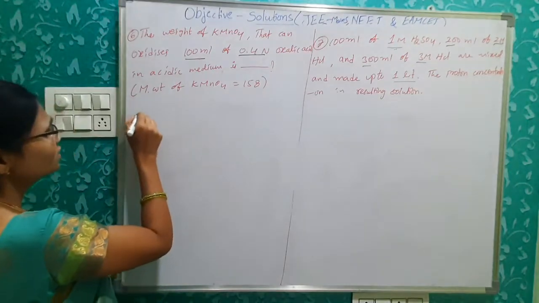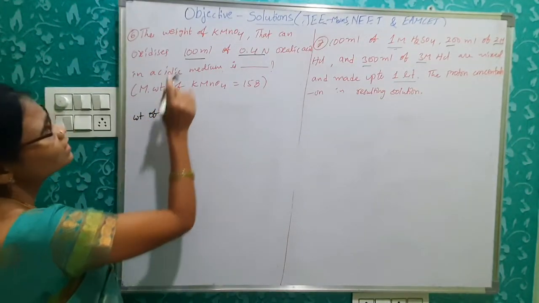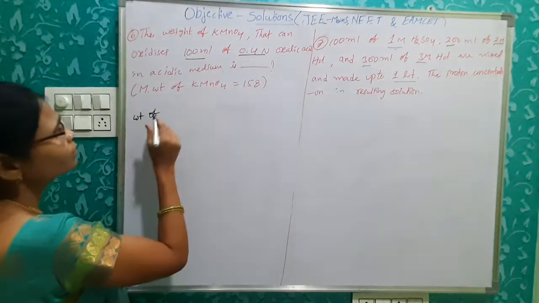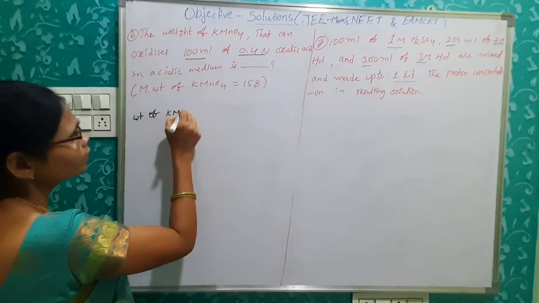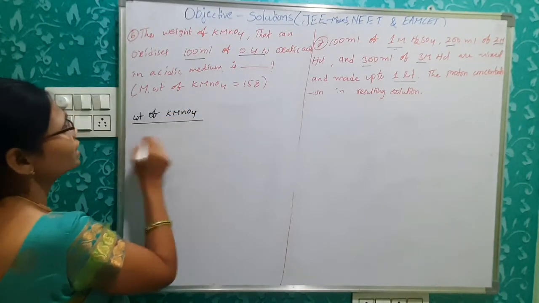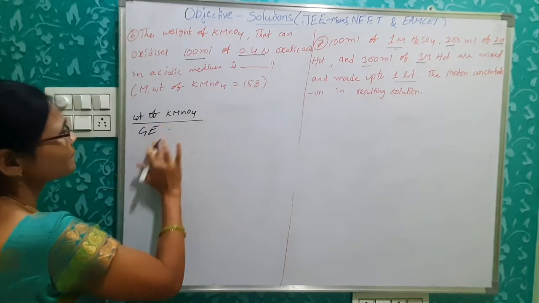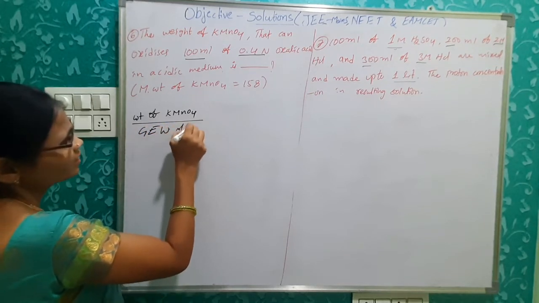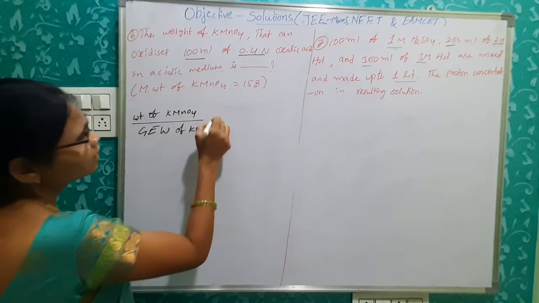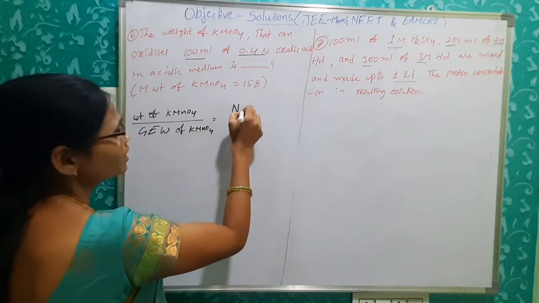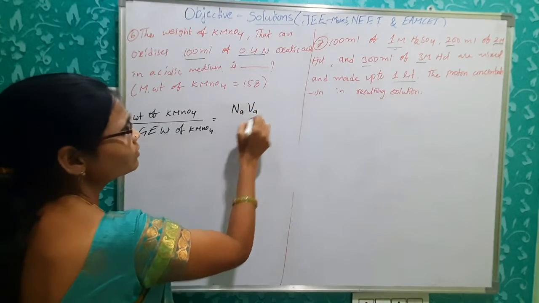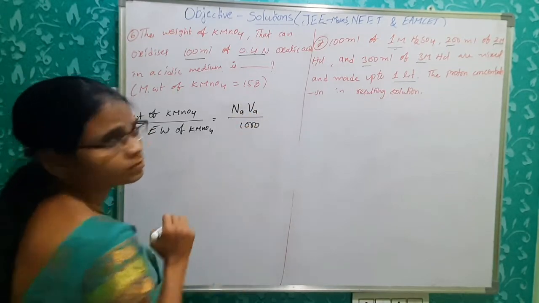Okay, what is the formula? Weight of the compound, which compound's weight we have to calculate? KMnO4, by gram equivalent weight of that KMnO4, is equal to normality of oxalic acid into volume of oxalic acid by 1000.